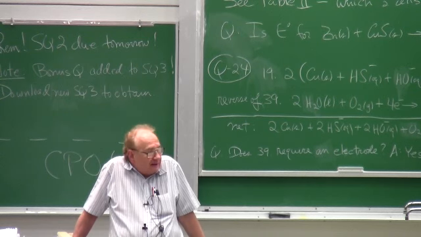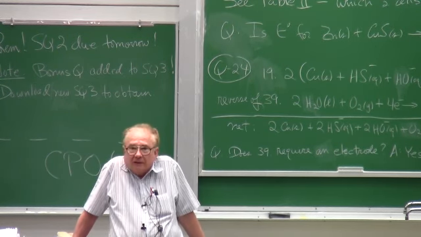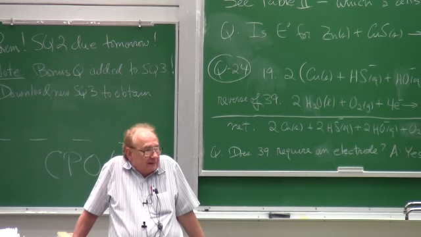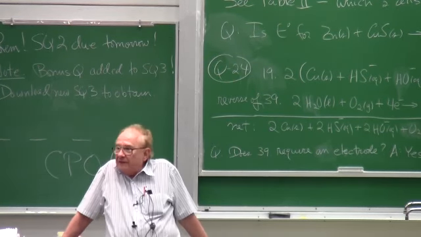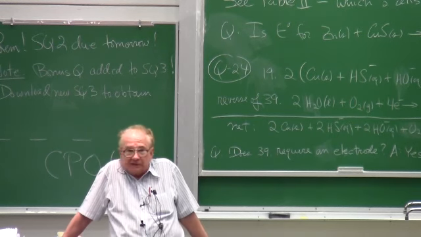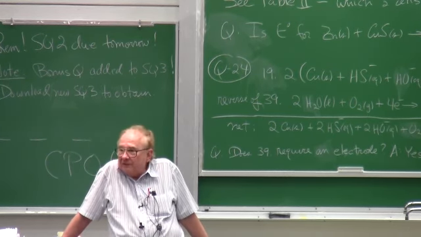If zinc is oxidized to zinc sulfide in strongly acidic solution, what's the E0 value? Zinc becoming zinc sulfide in strongly acidic solution. That means hydronium ions hanging around someplace. What's the E0 value?